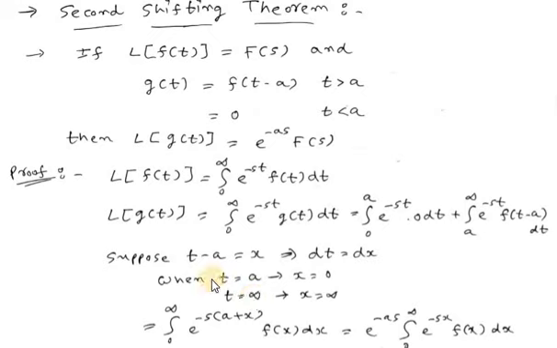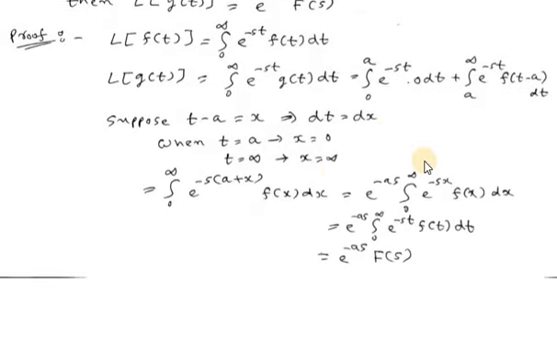When t is infinity, infinity minus a is infinity, so x will become infinity. Now this integration will become integration from 0 to infinity e raised to minus s, and t becomes x plus a, and f(t minus a) is f(x) and dt is dx.